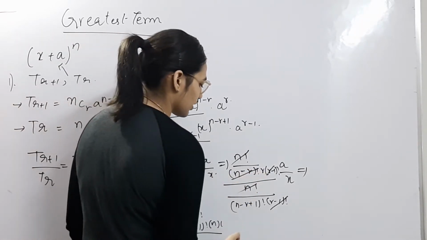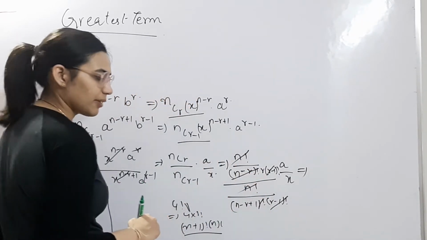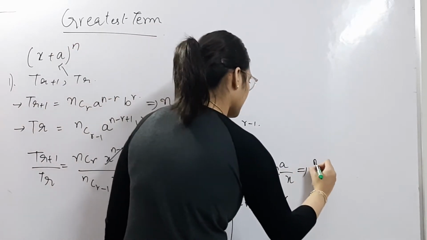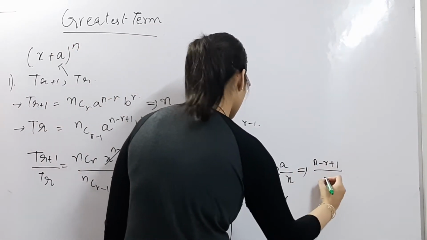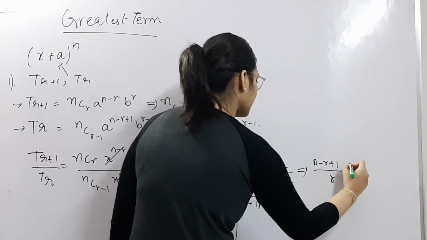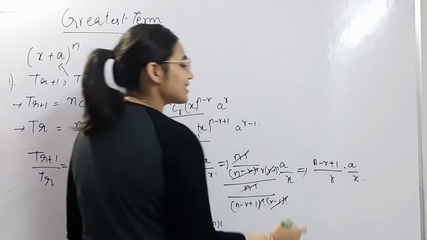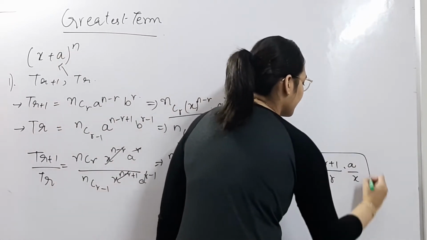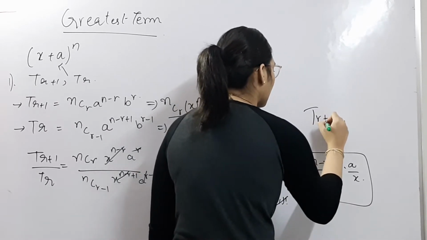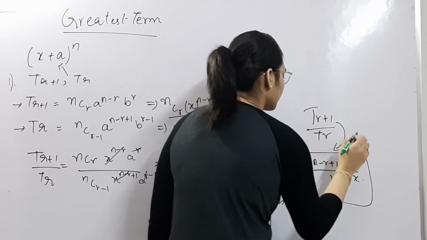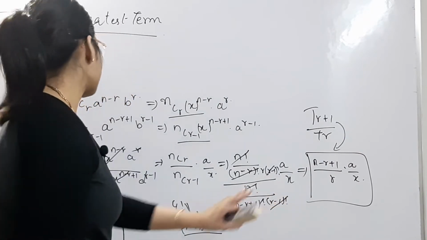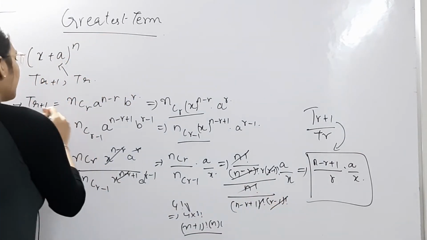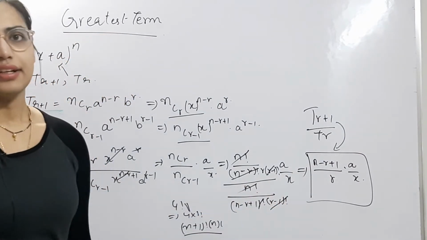So this will also get cancelled. Okay. So now what do we get? We get (n minus r plus 1) by r into a by x as the result when we divide T(r+1) by T(r). Okay, so this is the final result when we divide T(r+1) and T(r).